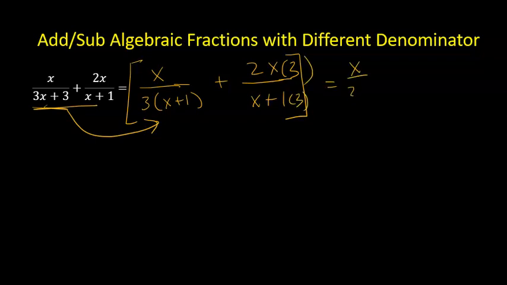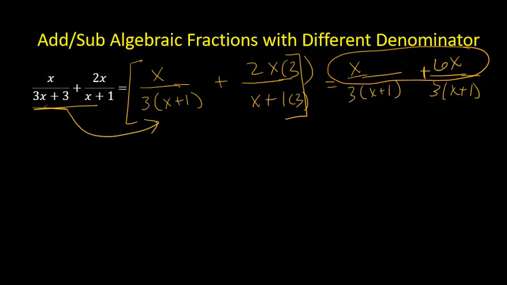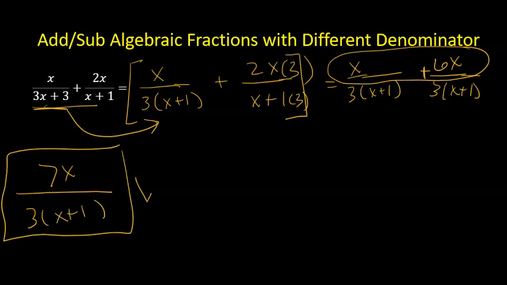It gives me 3x plus 1 plus, look at this, 6x, 3x plus 1. And then we have the same bottom, so we're going to put the same tops together, which gives me 7x over 3x plus 1. That's straight up the answer.